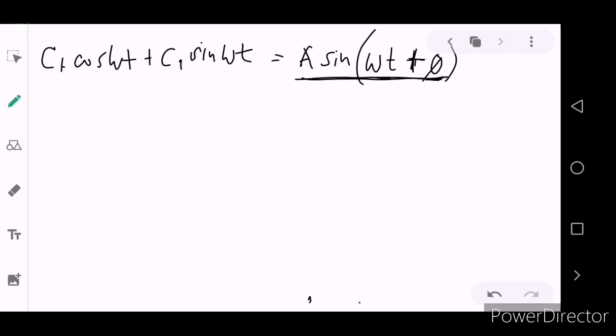Kapag meron tayong sine, gagamitan natin siya ng sin, cos, cosine, kung natatandaan nyo. So, magiging A, the amplitude, sine omega t, cosine omega t, plus cosine ulit, sin, cos, cosine. Cosine omega t, sine omega t.